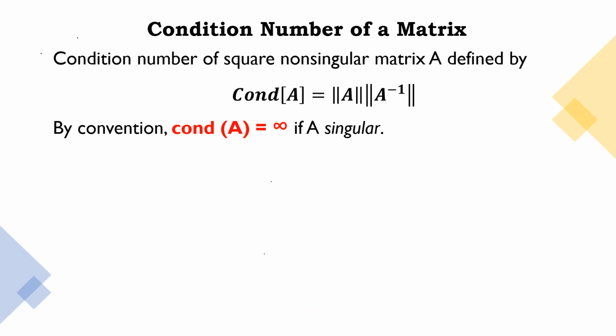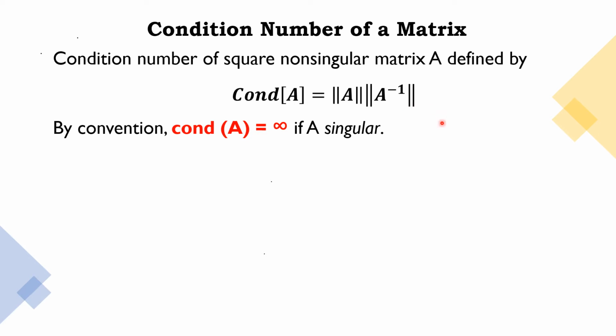The condition number of a square non-singular matrix is defined by the given formula. And this formula is read as, let me just use another laser pointer, the condition number of A is the product of the norm of A and the norm of A inverse.